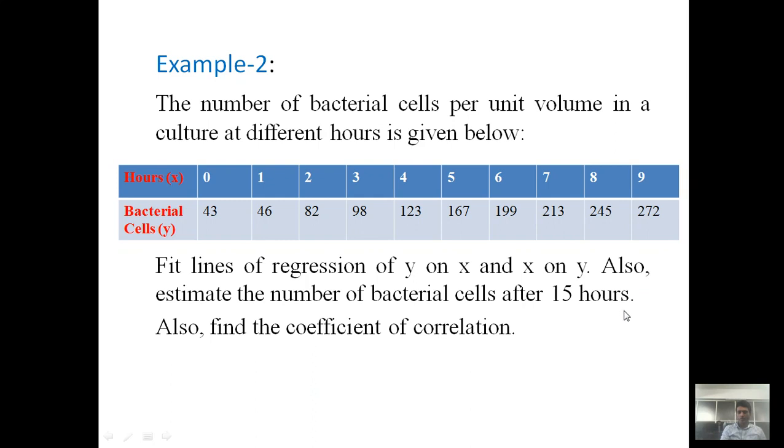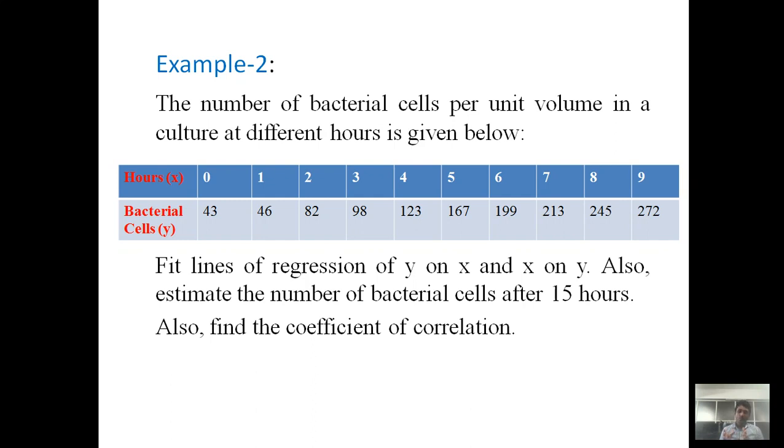We have completed up to this stage, but here we are also interested in finding the correlation coefficient. We know from a separate lecture how to find the Karl Pearson coefficient of correlation.